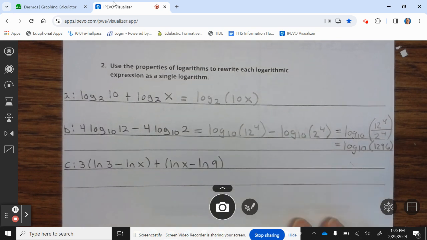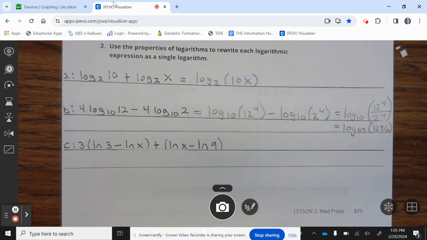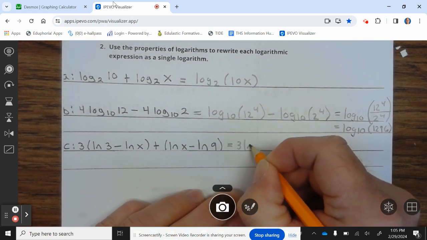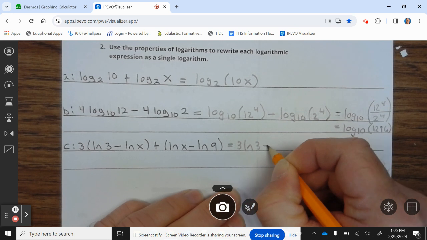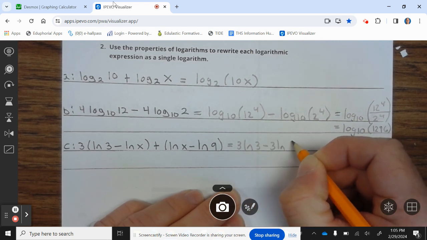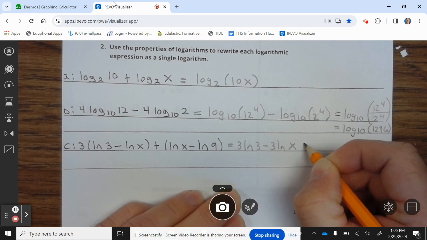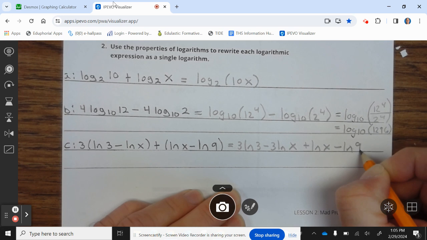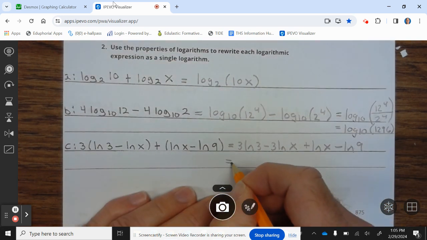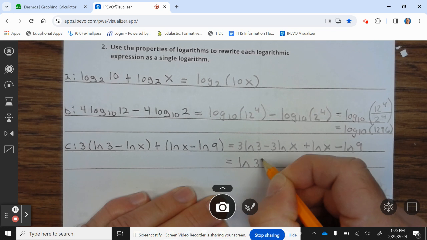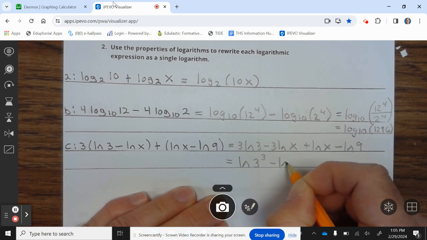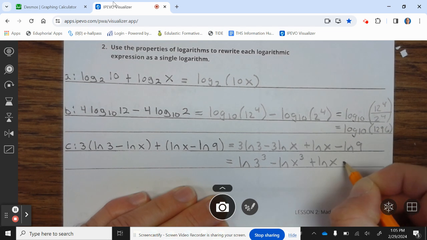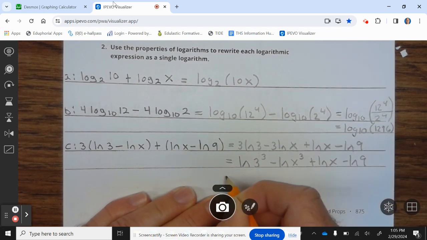All right, let's take a look at C. All right, so this becomes 3 ln of 3 minus 3 ln of x plus ln of x minus ln of 9, which becomes ln of 3 cubed minus ln of x cubed plus ln of x minus ln of 9.